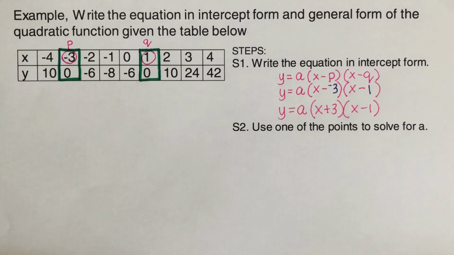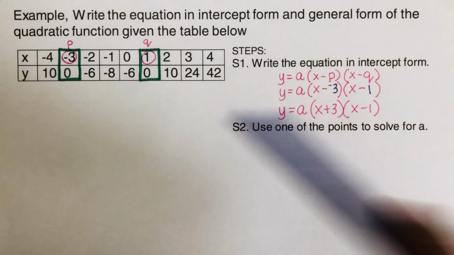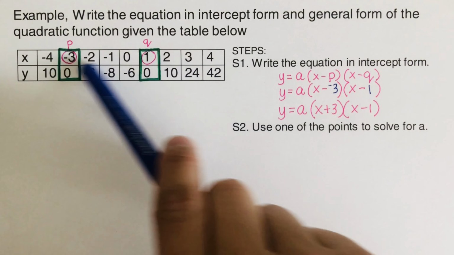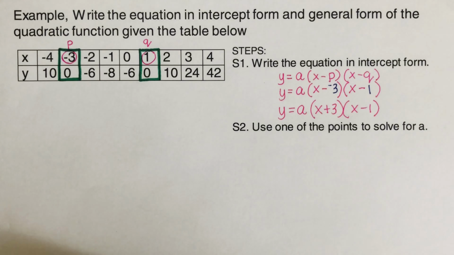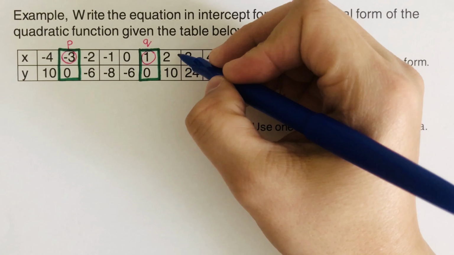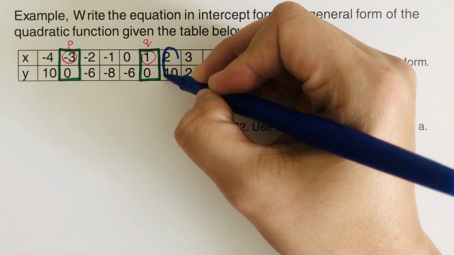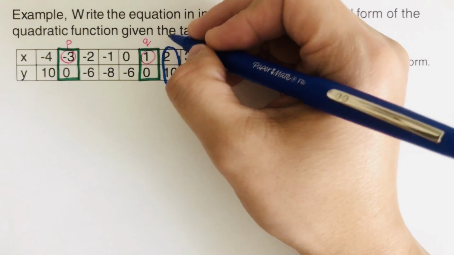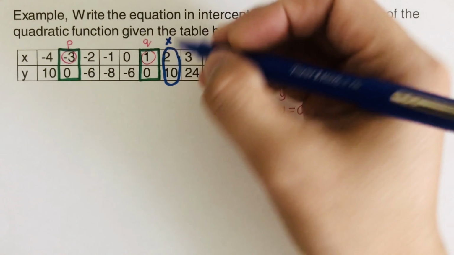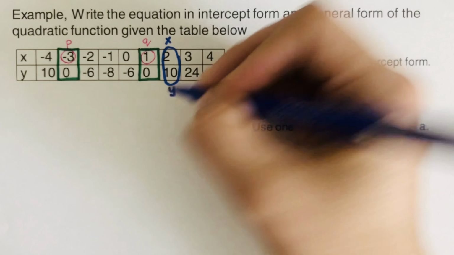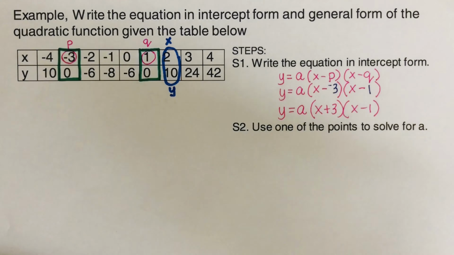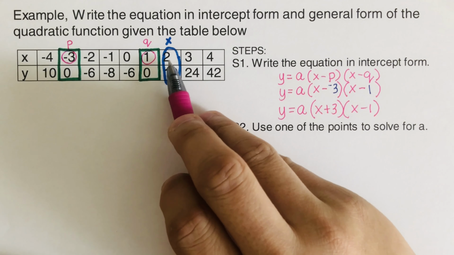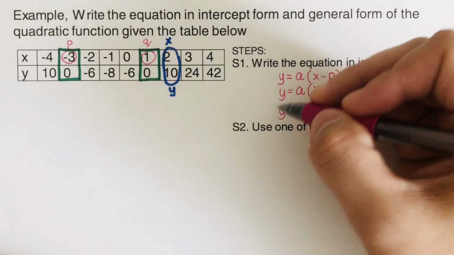The next step is to use one of the points to solve for a. It doesn't matter which of these points you use, but I would recommend using the small numbers. So let's take, for example, this one as our point for step 2. I will label this as my x and this as my y. Then I plug this 2 and 10 into the equation over here.